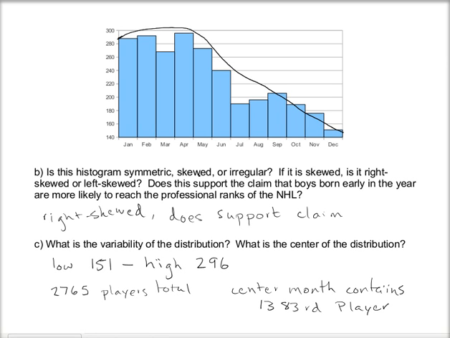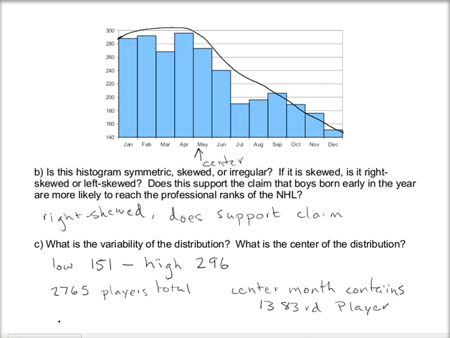So, well, let's just look at this and see if we can visually guess where the center is. So since most of the players are born in the first half, it's going to be more towards the left and not in the middle. So I would guess somewhere around April or May is probably the center.